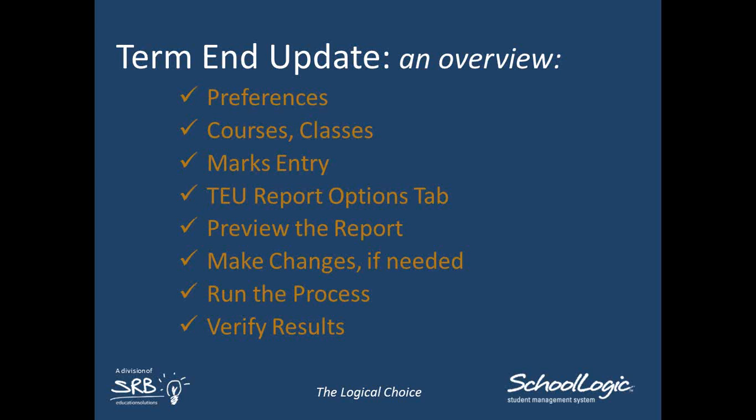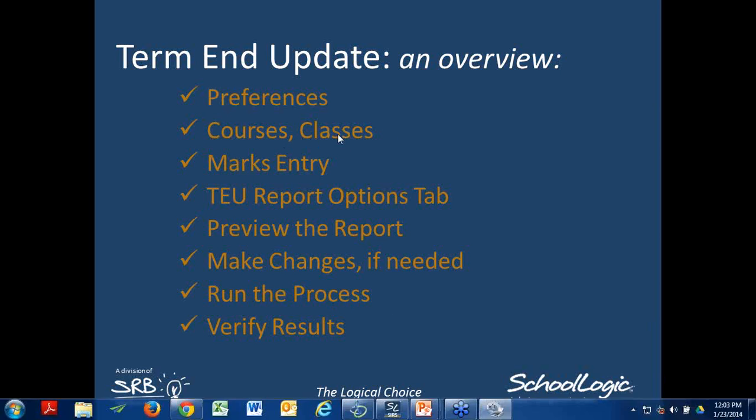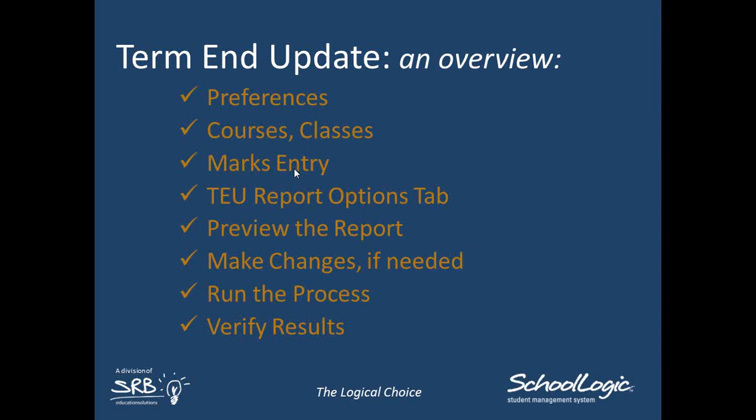We'll start with an overview of where we're going today. On our way to doing the term end update, which is really like down here, we're going to check in with preferences. We're going to look at some courses and classes and choices that you make here and how they matter. Marks entry. Marks entry is kind of the whole deal here.